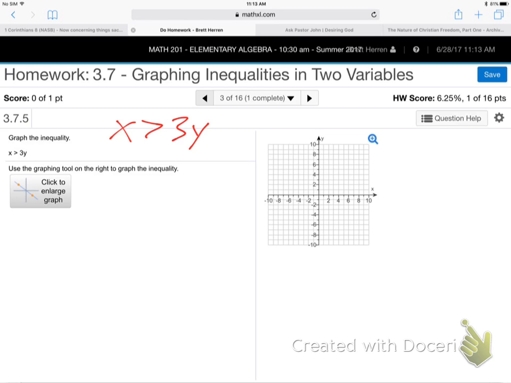Both sides. Get that y alone. But then what do you do from there? Like, what's your starting number for graphing?